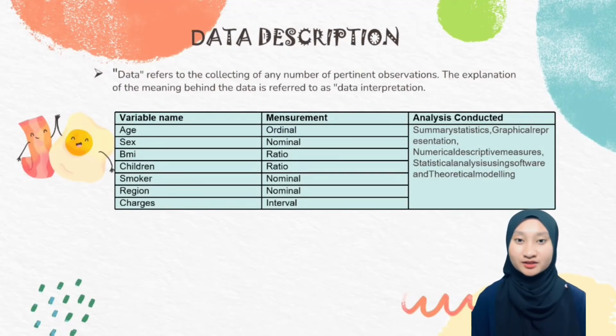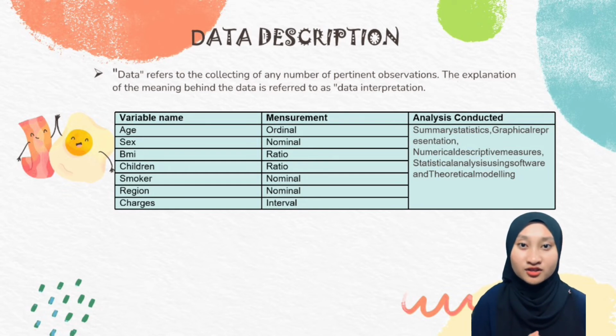Data description. Data refers to the collection of any number of pertinent observations. The explanation of the meaning behind the data is referred to as data interpretation. Quantitative data is used when a researcher wants to quantify a problem or answer the what or how many questions in a research topic. It is numerical data that may be tallied or compared.